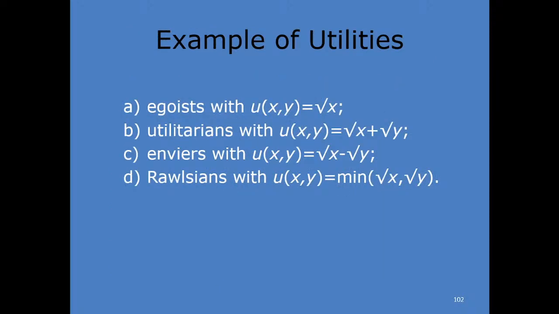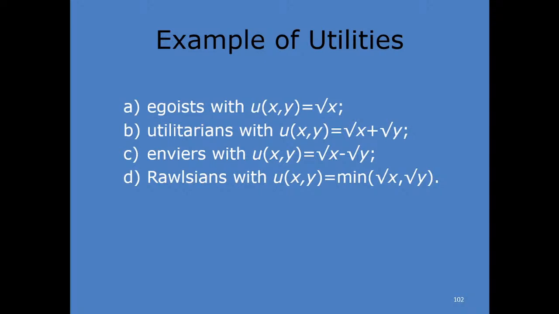So this may sound a little bit abstract, so let's try to put it in our simple utility framework. If you have egoist preferences, then your u, which in principle accommodates also y, actually is again only a function of x. Here we have square root of x, so it's a non-linear, unlike before, utility function with some concavity, but again only x as an argument. Utilitarians will instead have this sum, so square root of x plus square root of y.